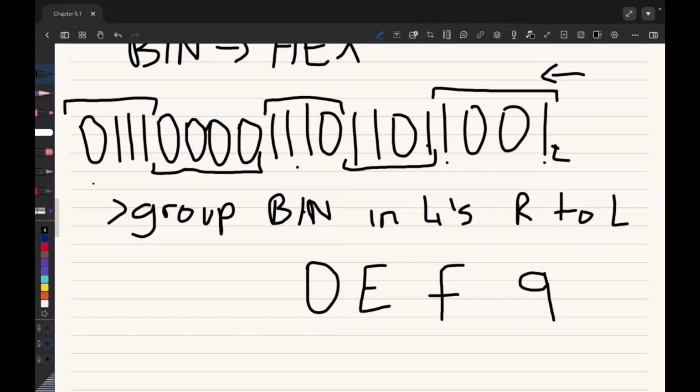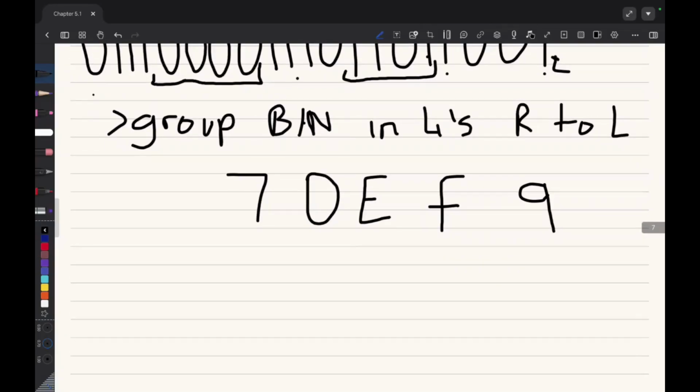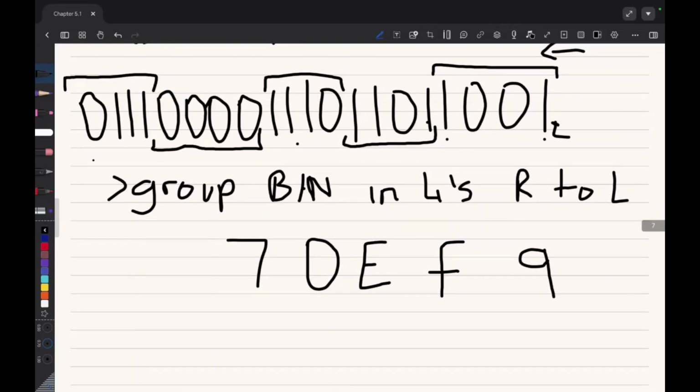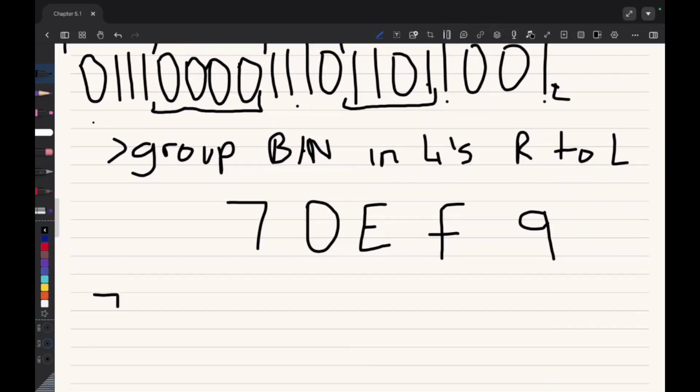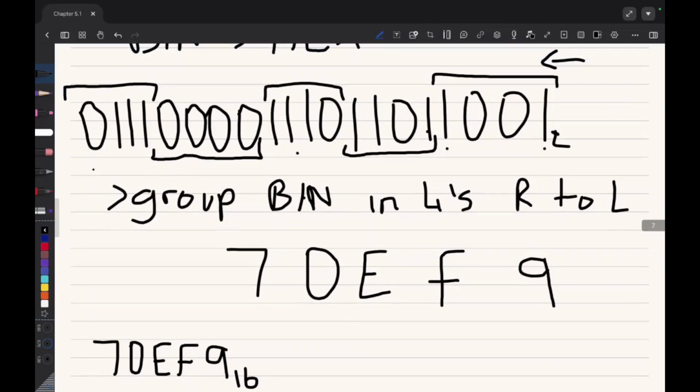Then what do we have here? 4, 6, 7. So 7, 0, E, F, 9, base 16, is going to be our hexadecimal representation of this big binary number that we have up there.